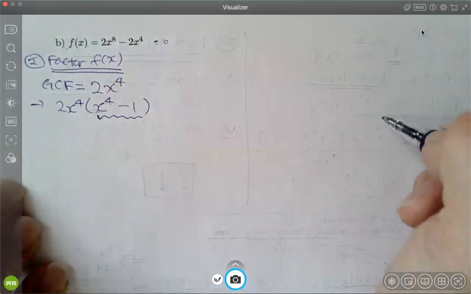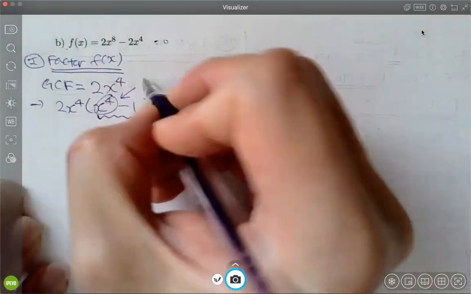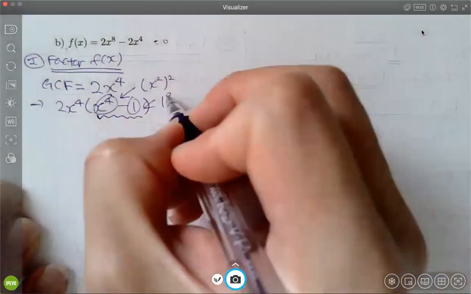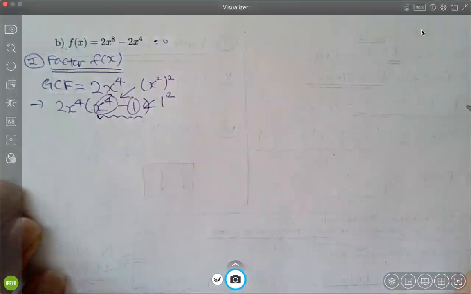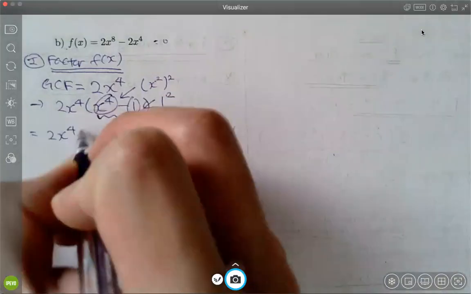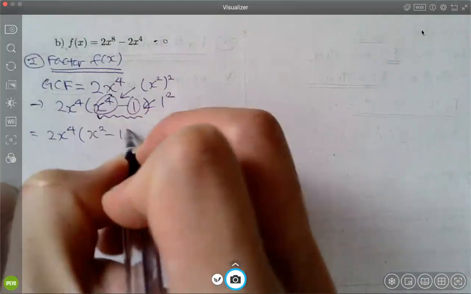And the answer is, it doesn't look like it's possible, but it is possible. And here's my hint. X to the fourth is x squared squared. And then 1 is 1 squared. Okay, so we have something squared minus something squared, and that's the difference of squares, remember? So we have 2x to the fourth times x squared minus 1 times x squared plus 1.